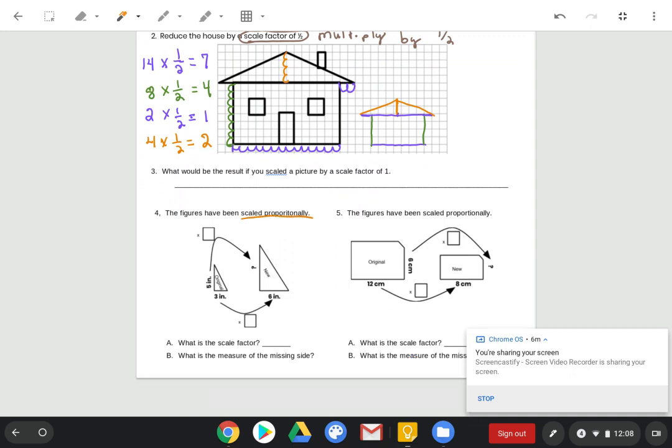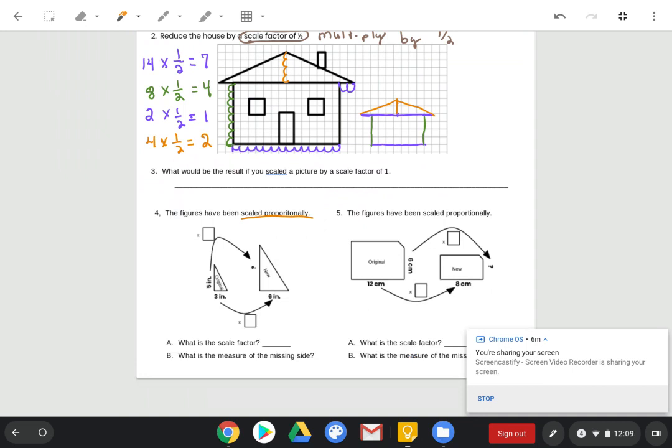All right? And if we look, we have the original figure on the left and the new figure on the right. I took my original figure, I multiplied all the sides by a scale factor, and that made my new figure. Well, we need to figure out what that scale factor is.